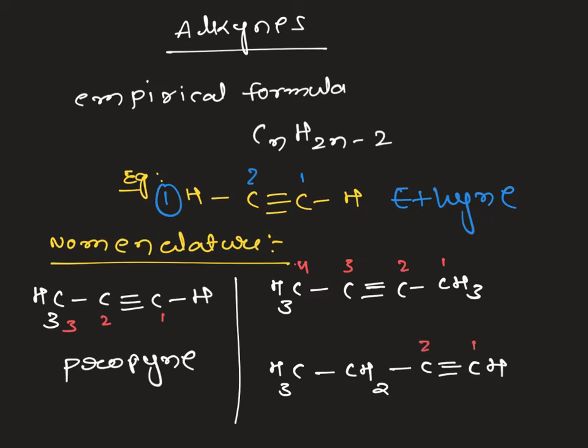The second case, it is also a 4 carbon alkyne. So how do we write the nomenclature for these two compounds? In both cases it is 4 carbons, it is but, and anyway a triple bond is present, so it is called butane. But where is the difference coming from? The location of the triple bond. In the first example, the triple bond is present at the second position, and in the second example the triple bond is present at the first position.